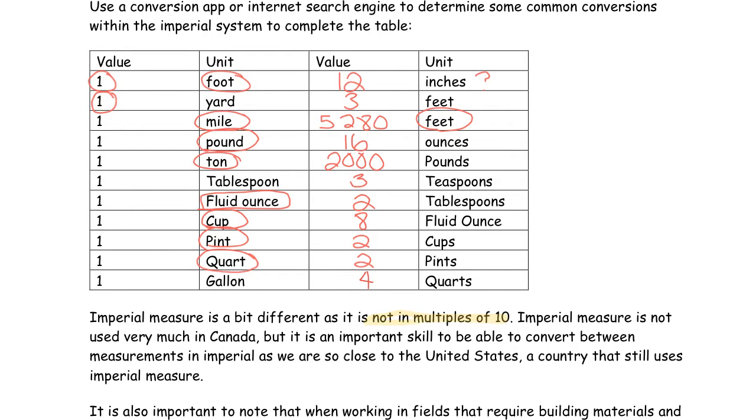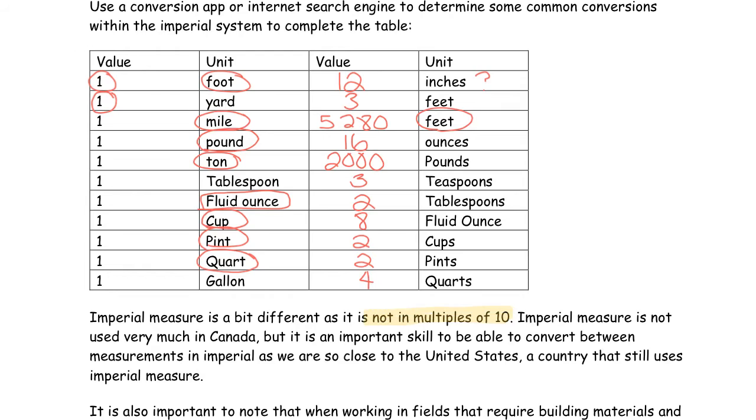Okay. So just to summarize too, our imperial measure is a bit different because it's not in multiples of 10. Our metric system is always in multiples of 10 as we go from centimeters to decameters to meters, etc. But imperial measurement, although it's not used very much in Canada, we do still use imperial measure, again, when I'm baking or if I'm building.